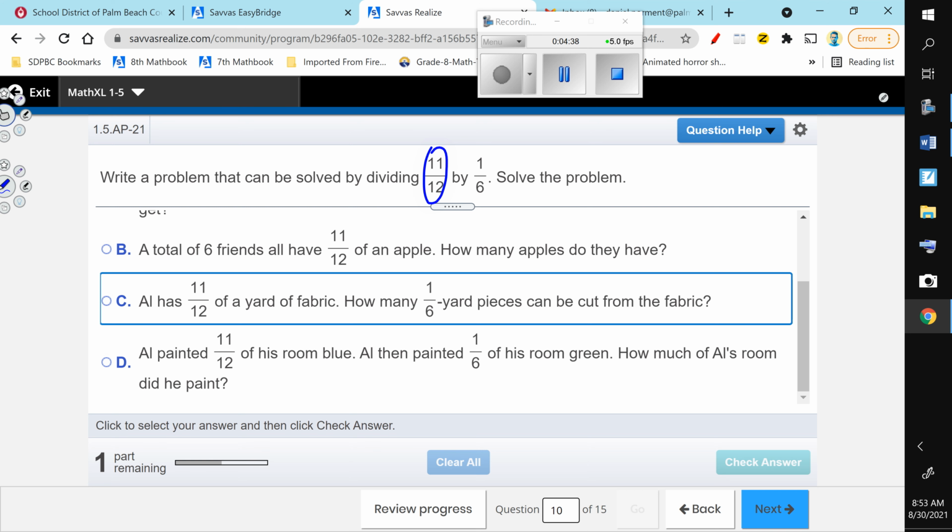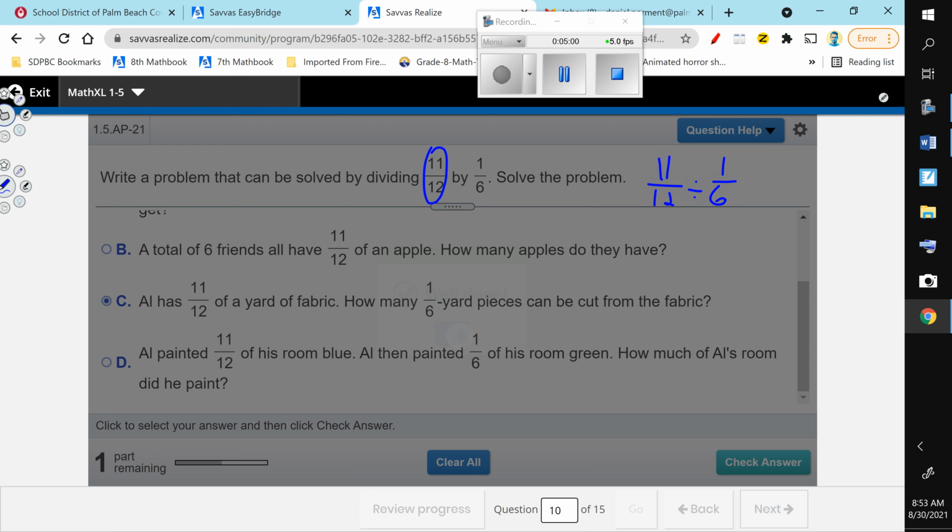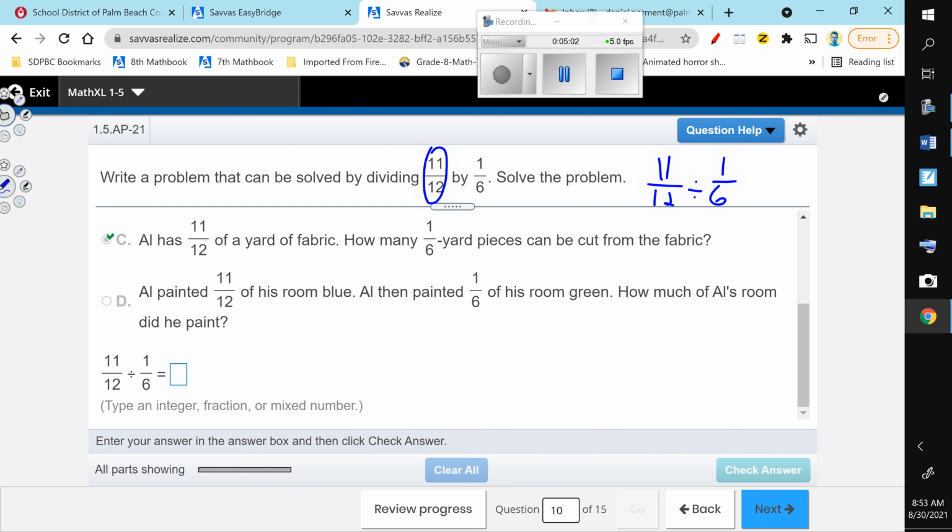It would be this answer: Al has 11/12 of a yard of fabric. How many 1/6 yard pieces can be cut? So you're going to take that number and you're going to be dividing by this many pieces. And that is going to be what you solve. So first you have to choose which one makes the most sense. Second, you actually solve it.